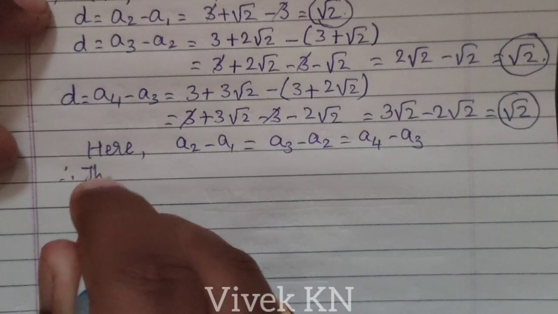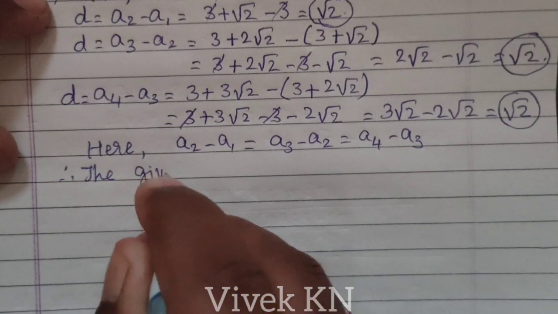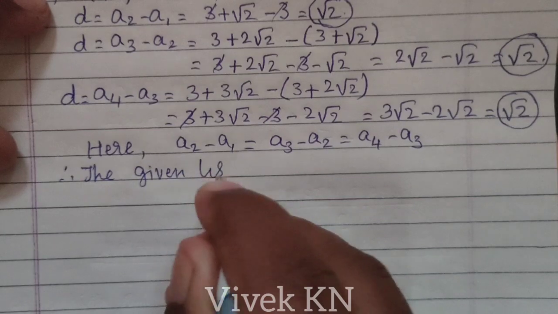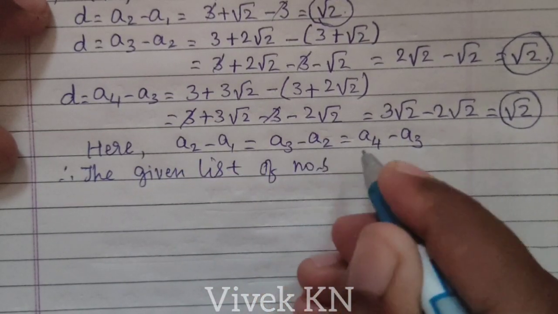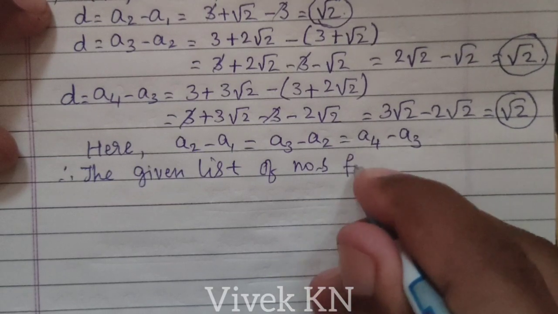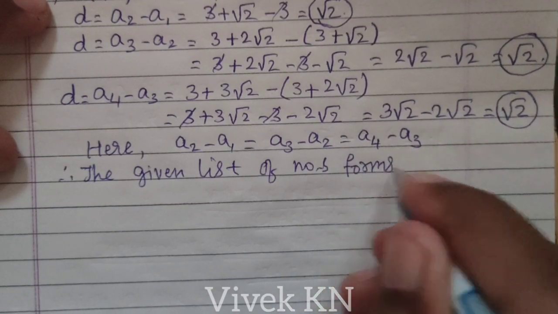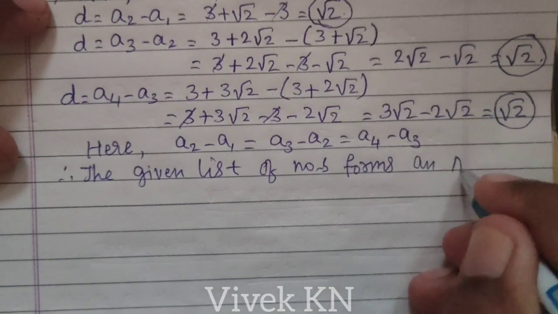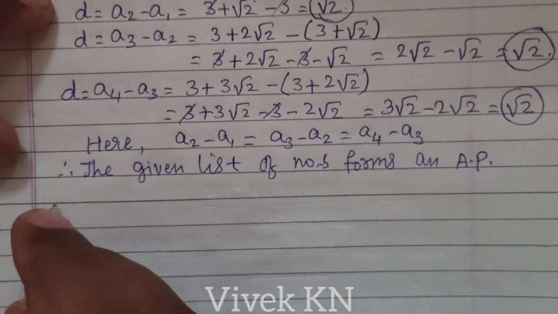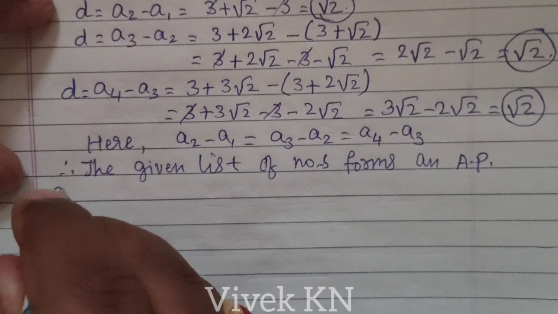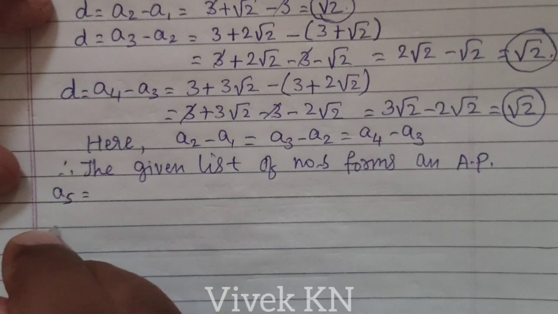Therefore, the given list of numbers forms an arithmetic progression. Now we have to find 5th, 6th and 7th term.